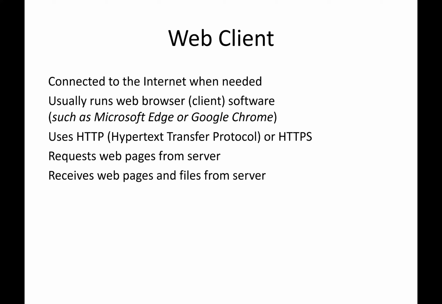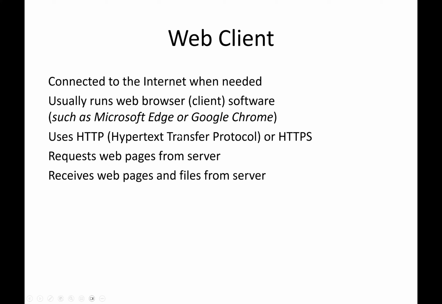Okay, so what is a web client? Now, a formal definition. In the previous example that I showed you, a web client was my laptop. It was connected to the internet, and it ran a web browser. In my case, I ran, say, Google Chrome, and it uses the HTTP protocol.